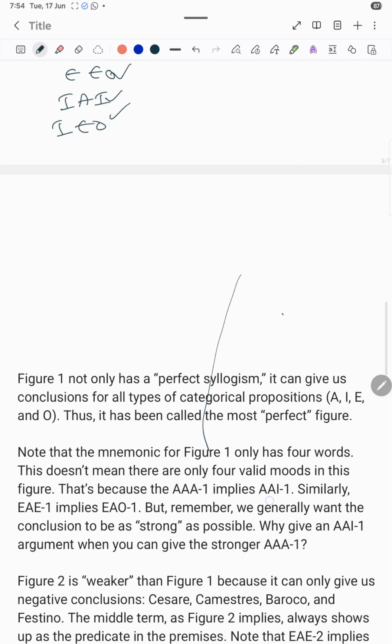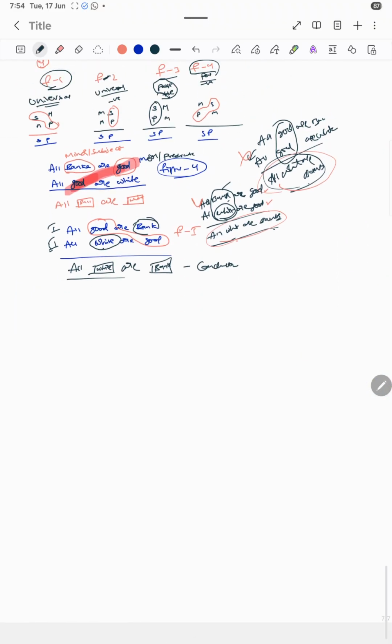Now you remember this. Let us see what is a conditionally valid statement. Let us write once again so that it will remind us. AAA are there, EAE, then A, what is the subaltern for A?